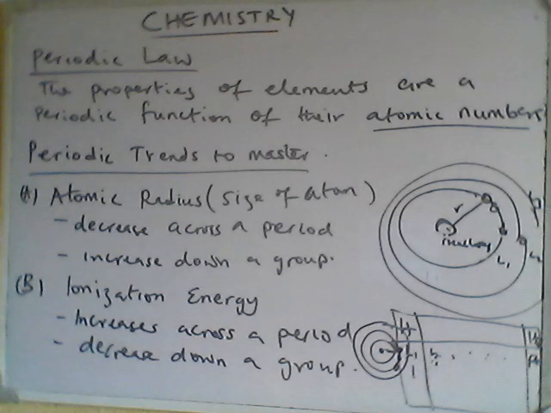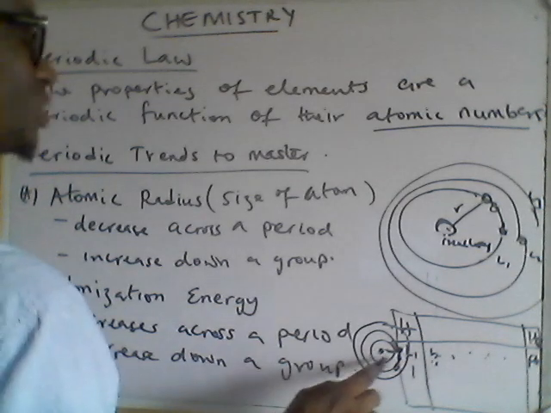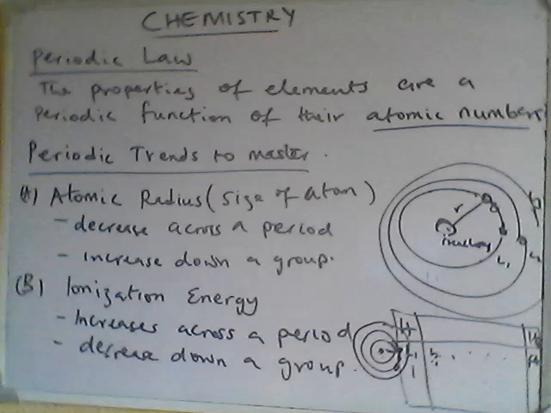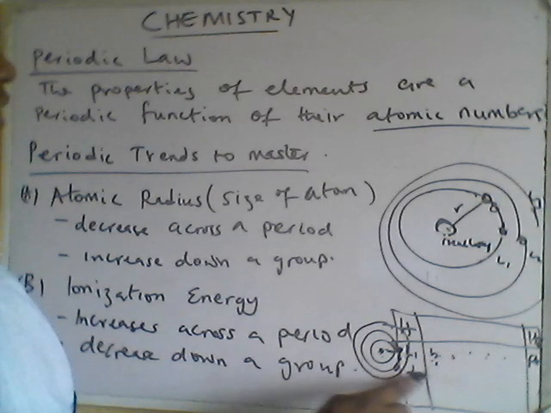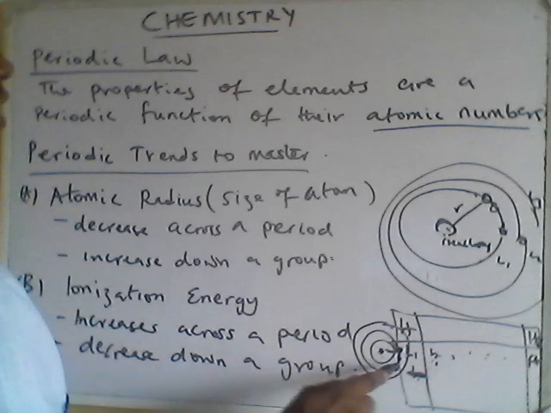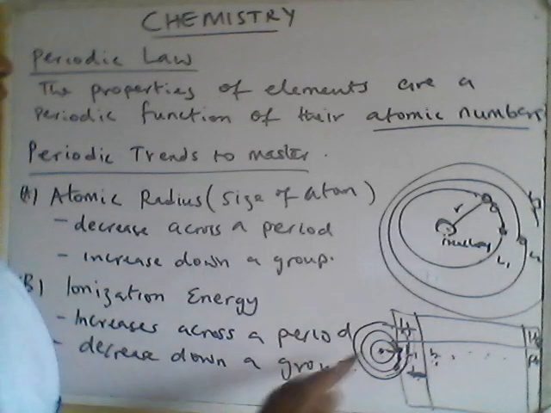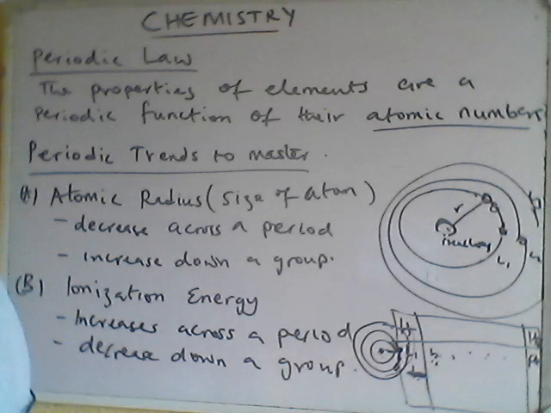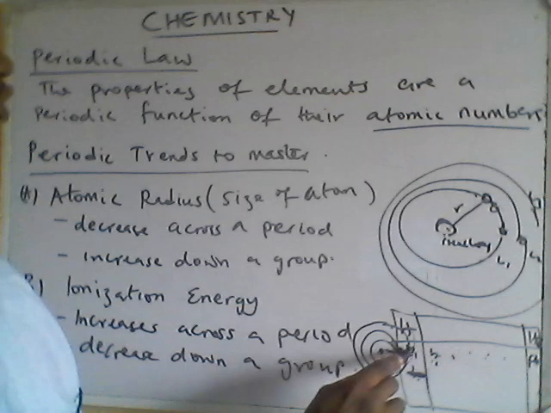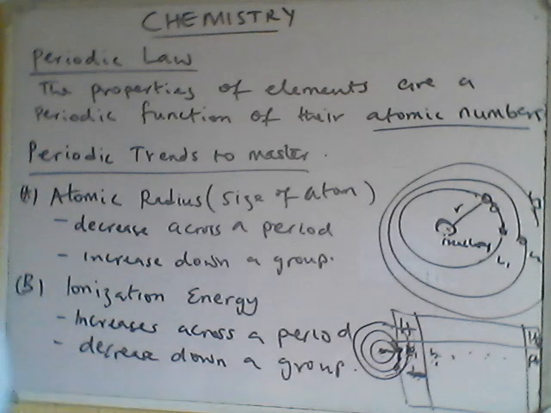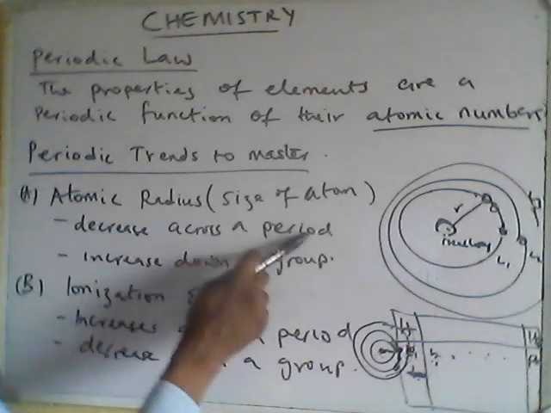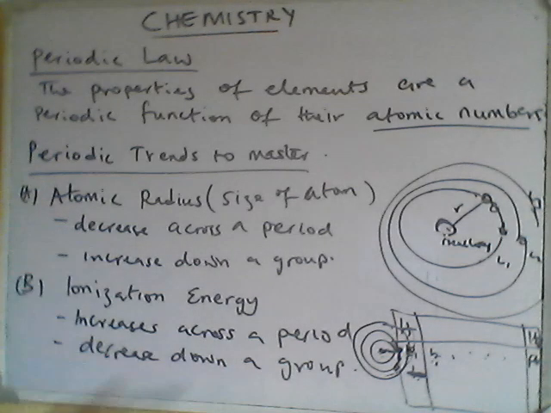What we are looking at is the central nucleus and the outermost shell. So at period 3, a third shell is added. So you see that the distance between the outer shell and the innermost nucleus has increased. So it decreases across the period and increases down the group.